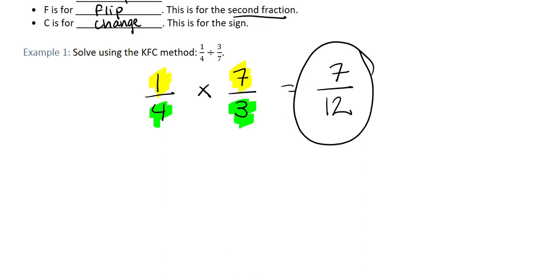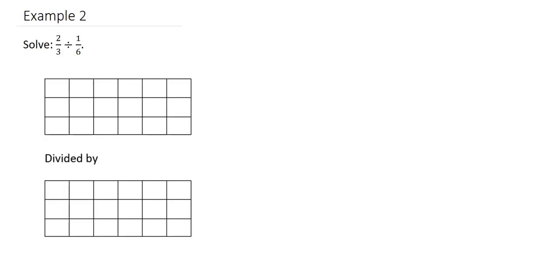Now let's look at another example. Example 2. Solve 2/3 divided by 1/6. So for this example, we're going to visually think about it first before we mathematically solve it. So when we say we have 2/3, well, we have a 3 here and a 6 here.